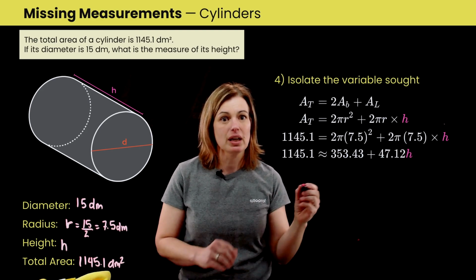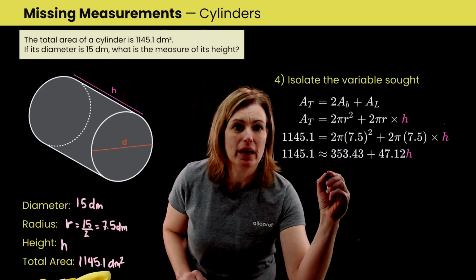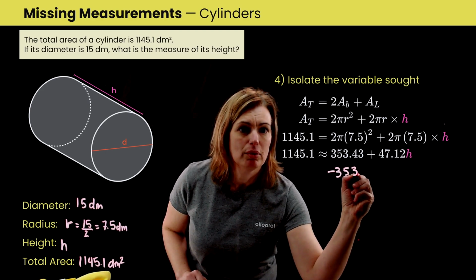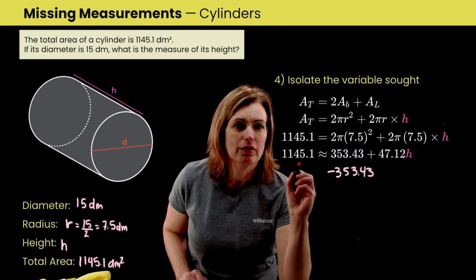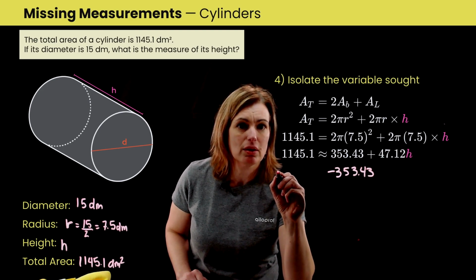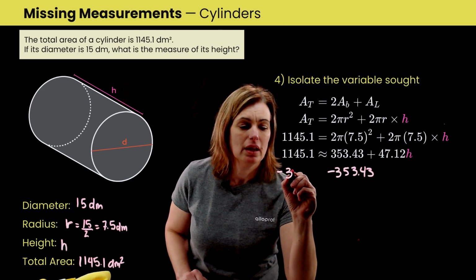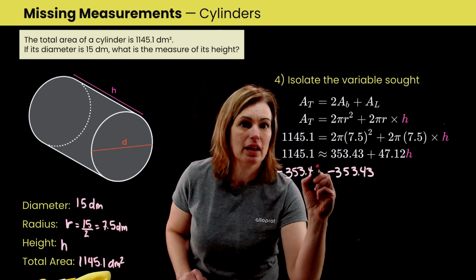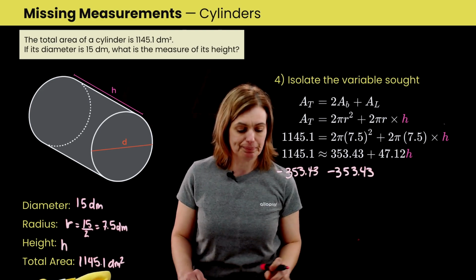We can't add those together. So we're going to have to take away the 353.43 from that right-hand side, and we're going to have to do the same thing over here on the left. And of course, the reason we're doing this is because we've got to get the height alone.